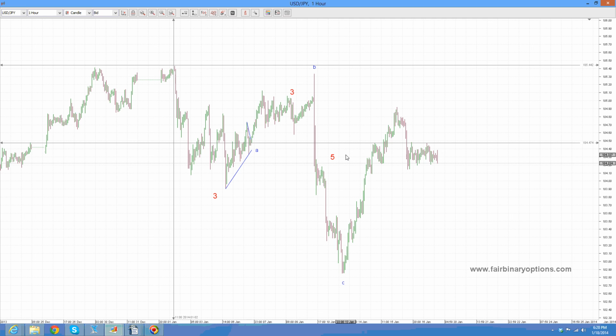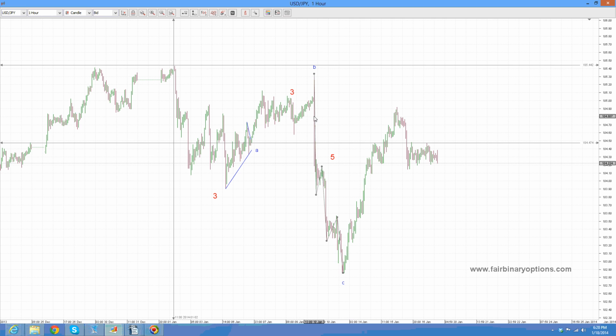What kind of an impulsive move is this one? Well, this one is an impulsive move that starts from the B wave from the upside, from here like this. It goes here, end of wave 1, the second wave, the third wave, the fourth wave, and then the fifth wave to the upside.